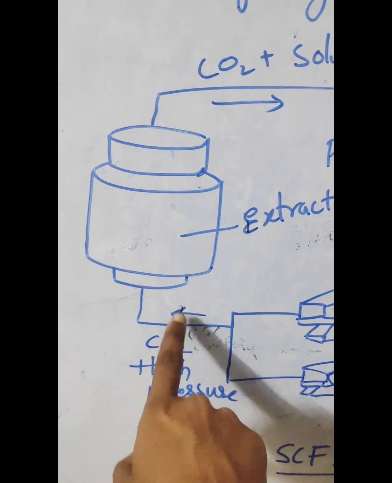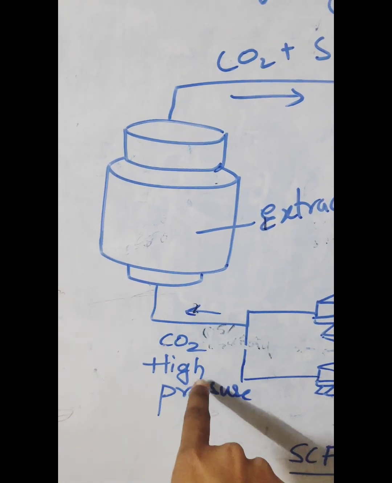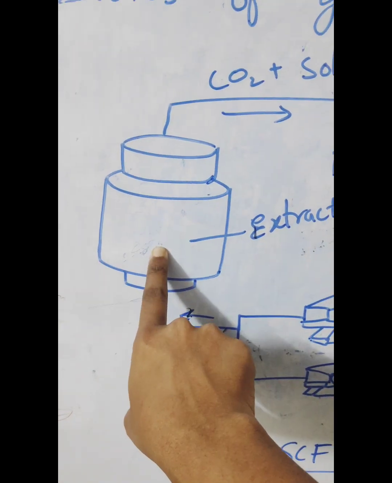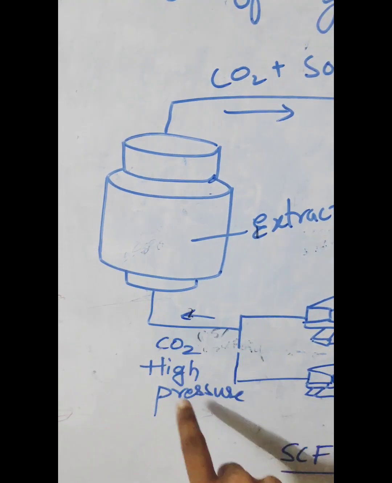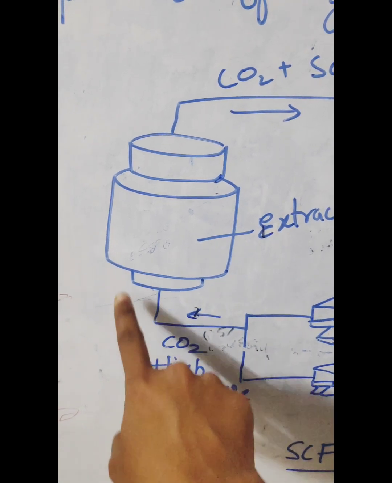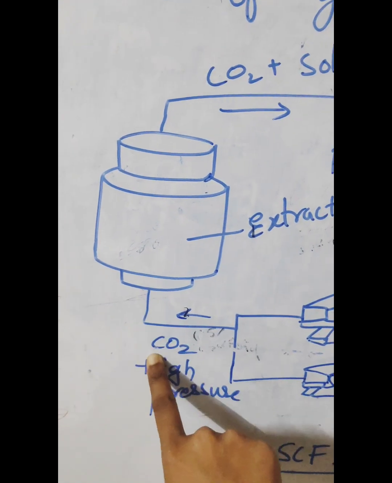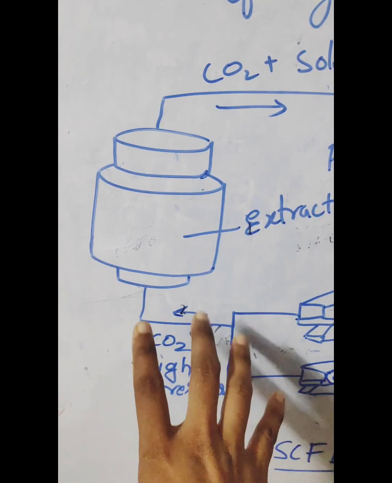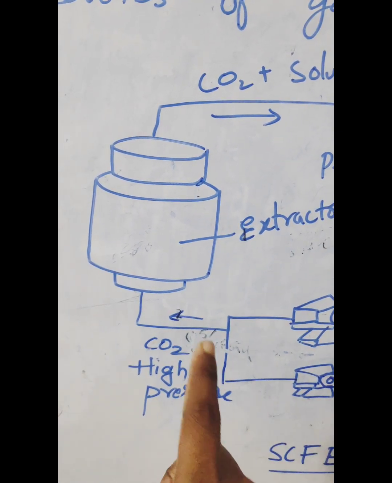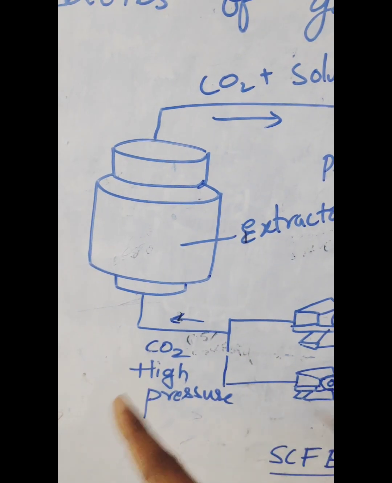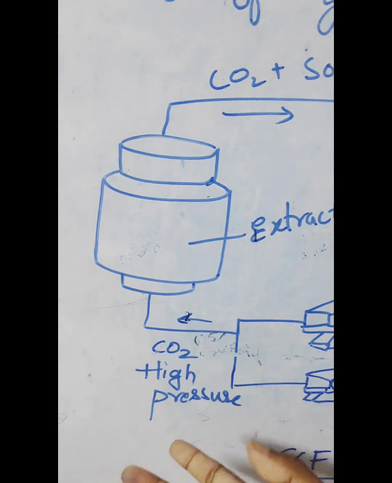Here we are going to use carbon dioxide. We pump carbon dioxide at high pressure into the extractor, where we already have the plant material. You already know that this carbon dioxide acts as both liquid as well as gaseous phase. So it has both the properties of liquid and gaseous phase, thereby the extraction process occurs very rapidly.